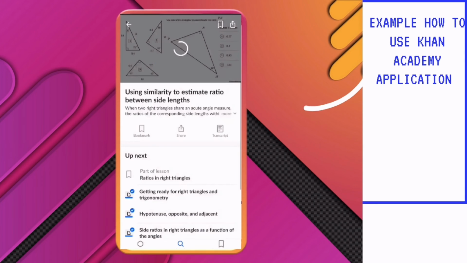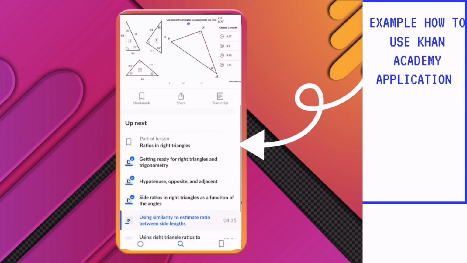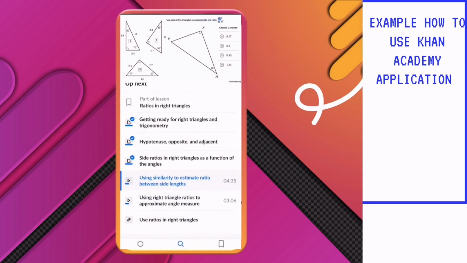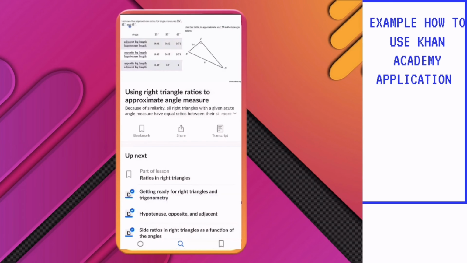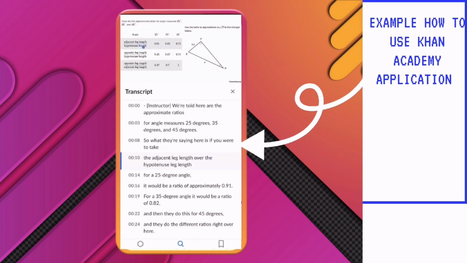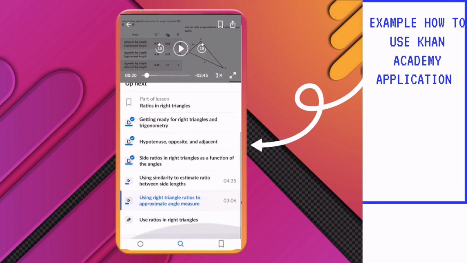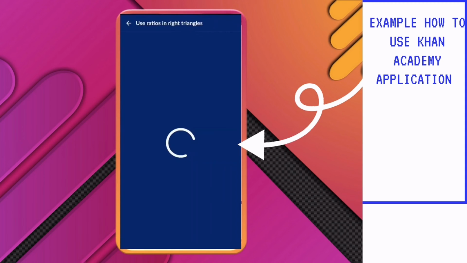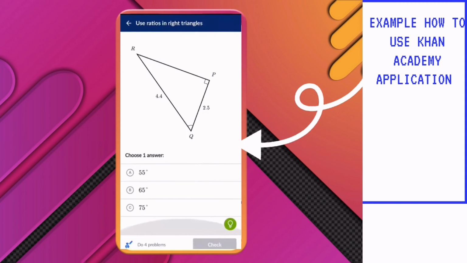Users can view the video that has been prepared after studying the notes. They have a transcript in the instructional video that can help the user better understand the video. After learning using the notes and the video, users can do some questions that have been given.